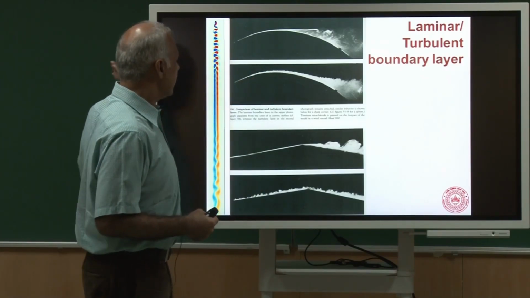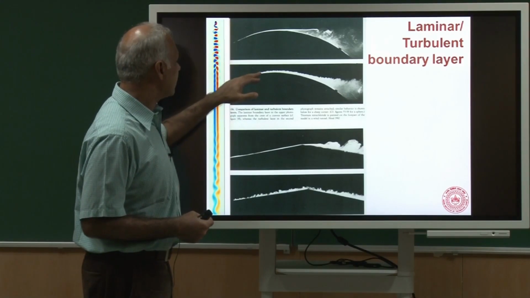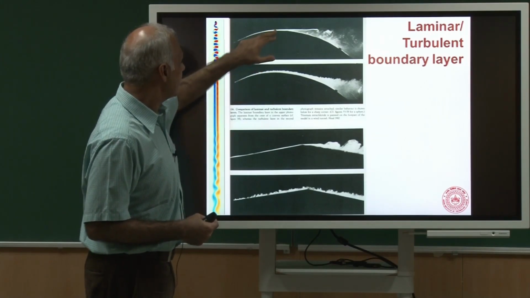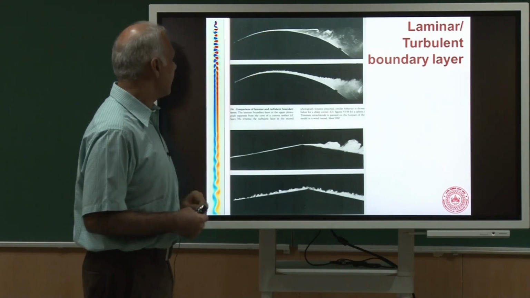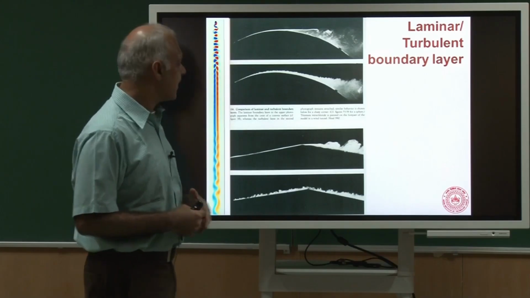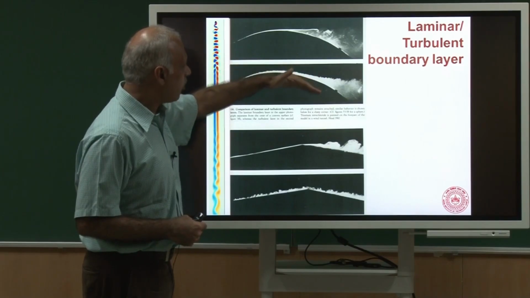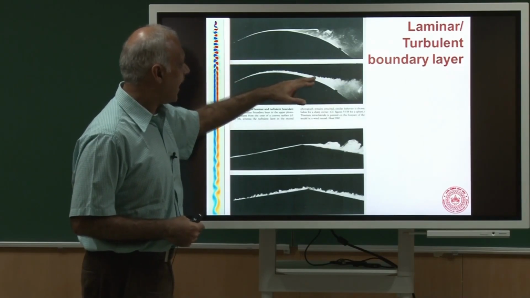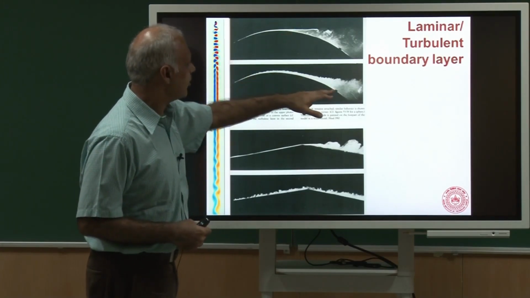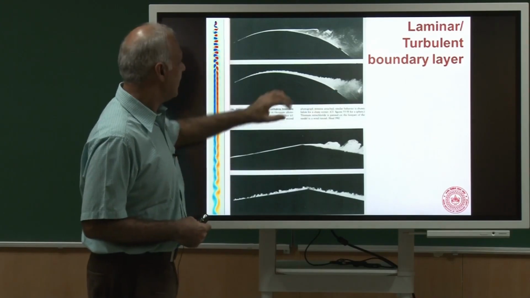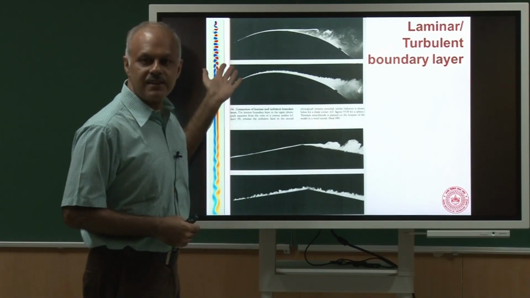In the lower picture, the inflow speed is larger, and what you would see is that now the boundary layer has actually become turbulent, because here there was almost no mixing, it was very organized, but here you can see that there is enormous mixing inside the boundary layer, and as a result it is able to supply the energy from outside the flow inside the boundary layer, and it separates a little later. So this flow separates somewhere here, whereas this flow is separating somewhere over here. So more mixing and separation is delayed, less mixing, separation is earlier.